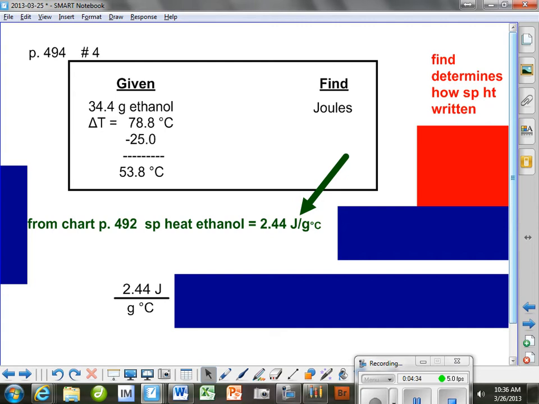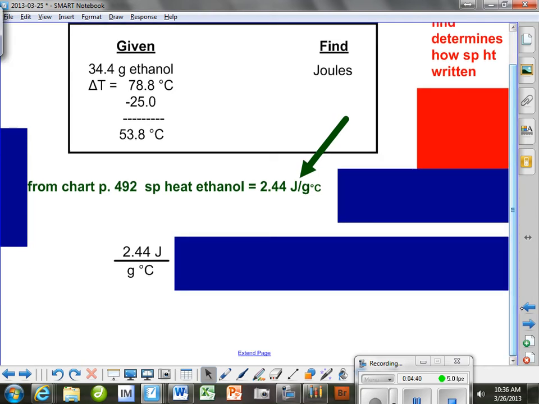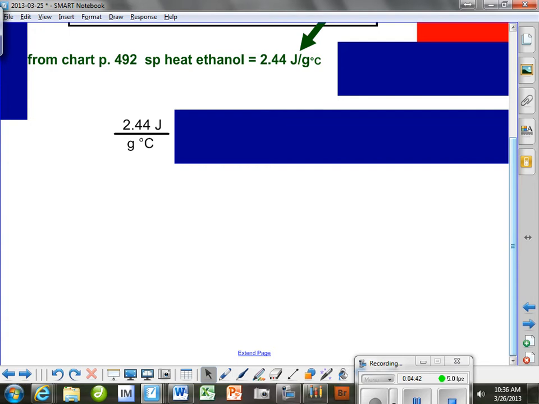Now, James, if the find was degrees centigrade, how would that fraction be written? Degrees Celsius? Why would you say just degrees Celsius? What's on the bottom of the fraction right now? That's going to have to all be on top. Grams degrees Celsius.